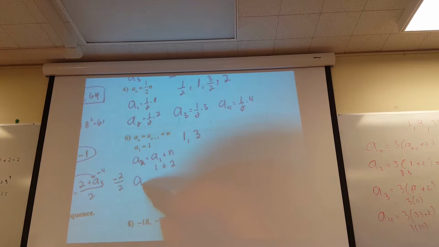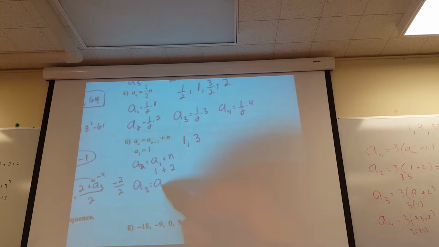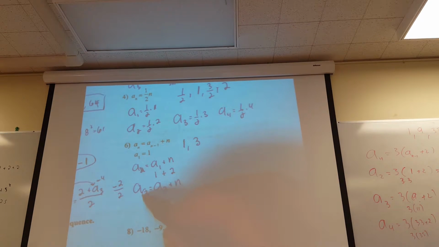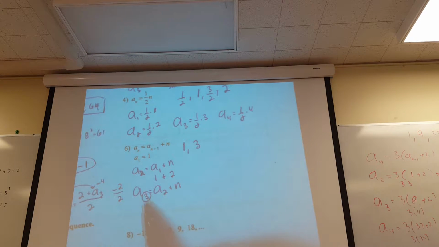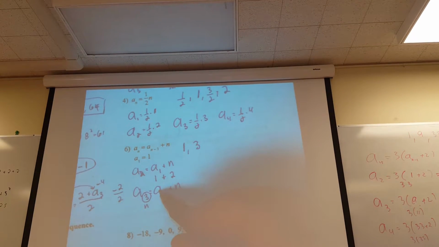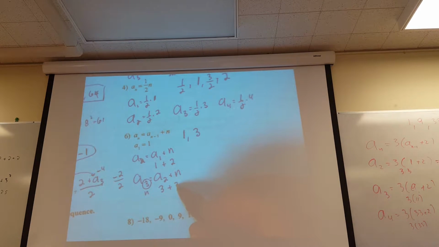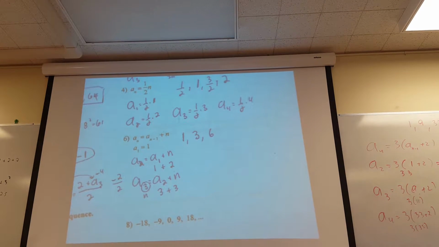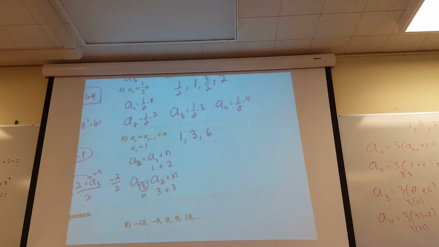The third term equals the second term plus N. Now right there, that's what N equals, 3, okay? So this is going to be A2, which is 3, plus N, which is 3. So that's going to be 6. All right, would all of you find the fourth term?